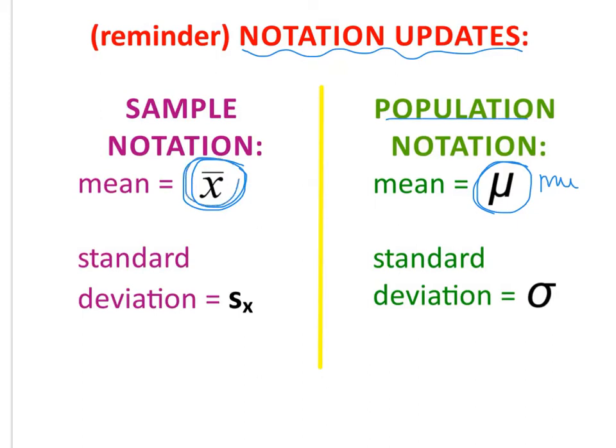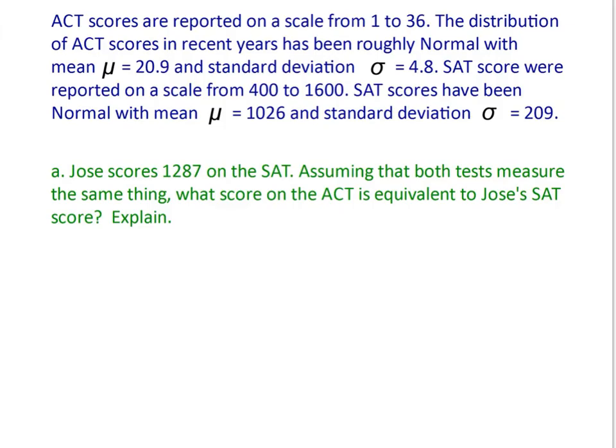X bar is the sample notation. Same thing is true with standard deviation. Sx is the sample standard deviation, where sigma is the population standard deviation. So we have mu and sigma for the population, x bar and sx for the sample.